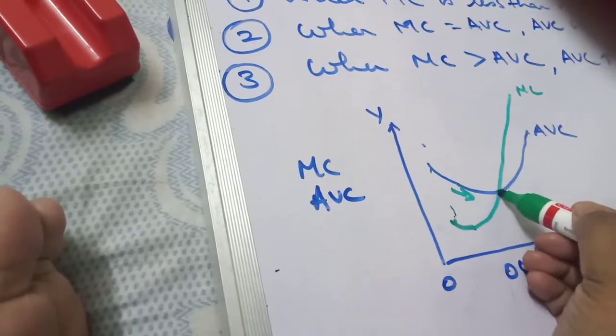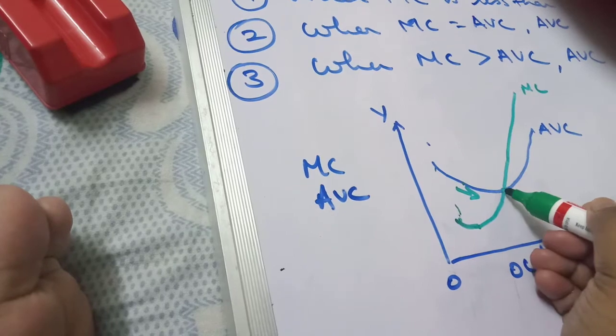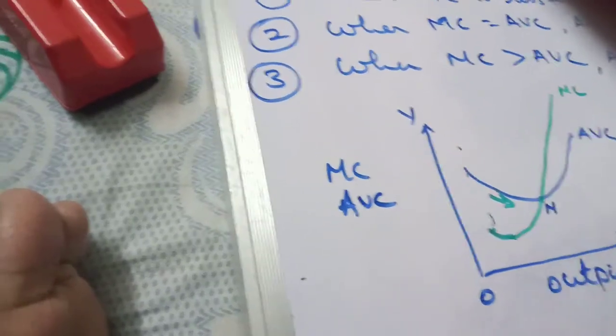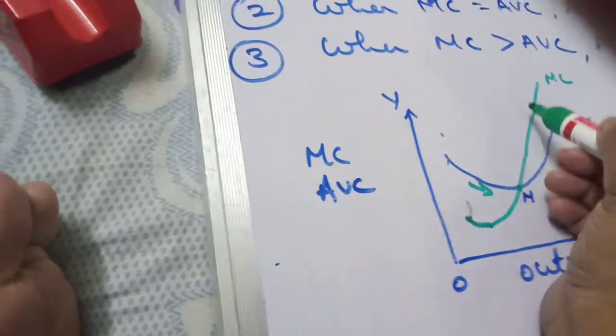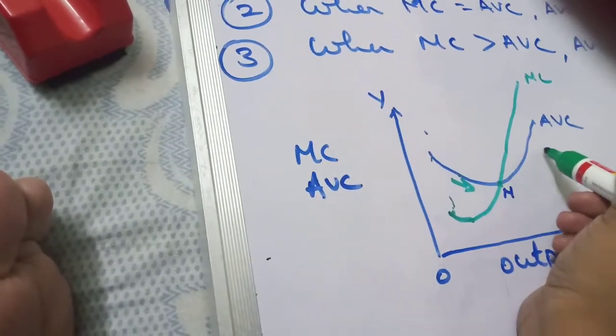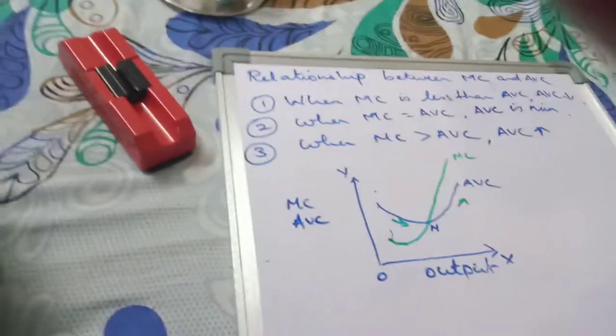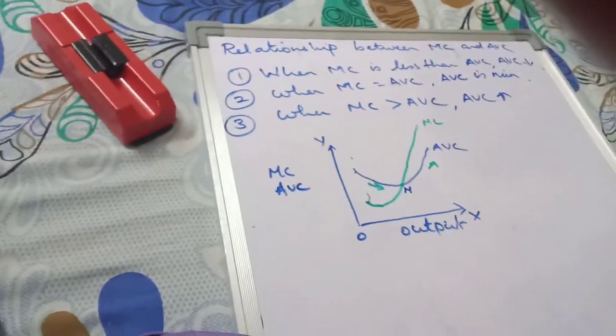When MC is equal to AVC, AVC is at its minimum. This is the minimum point of AVC. See, after this it does not fall. When MC is greater than AVC, AVC rises.